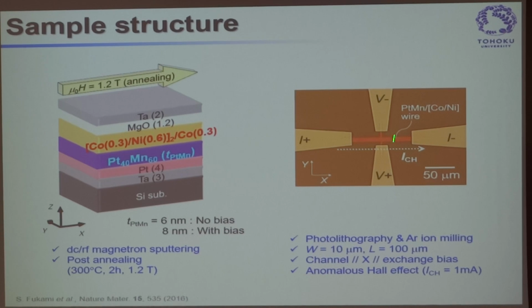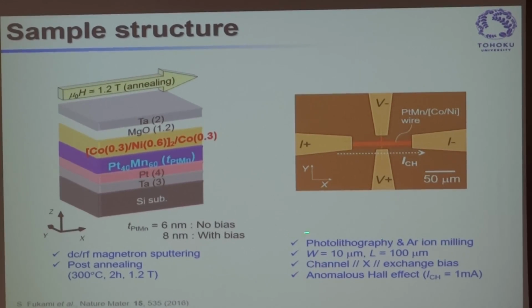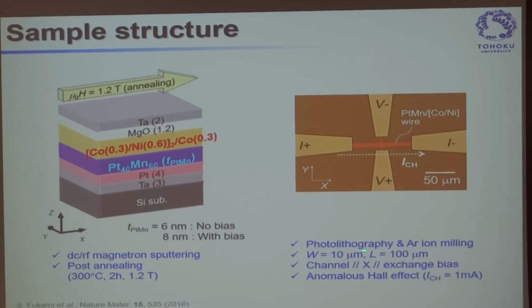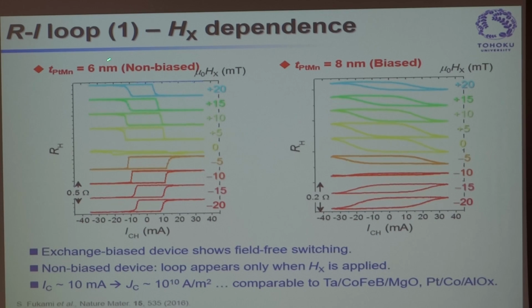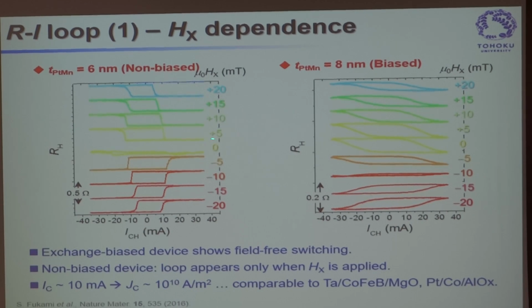And here is a device. This one actually is a very large device, 10 micron by 100 micron. And we used the anomalous Hall effect to see if the devices switch magnetization. What we got was that in the absence of exchange bias, we had difficulty observing current-induced switching at zero magnetic field.